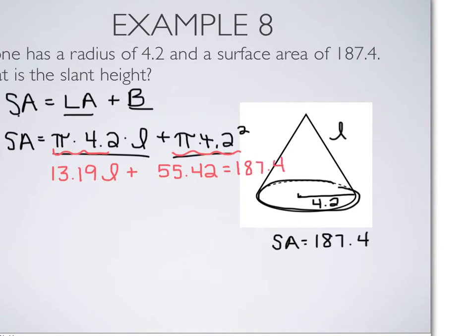Okay, so I filled in the information that I knew. This is the information that I'm trying to find, and now I'm just going to solve for it. So from here, I would subtract the 55.42 from each side. That's going to leave me with 13.19 L equals, gosh, almost exactly 132.